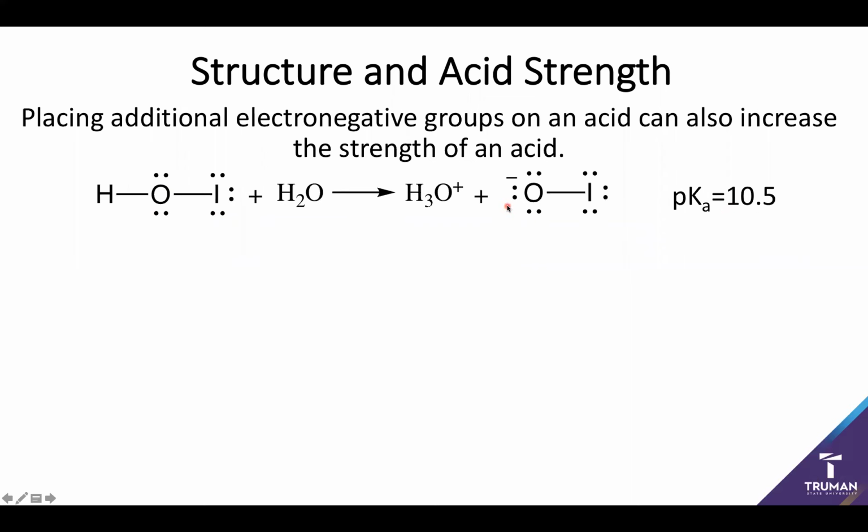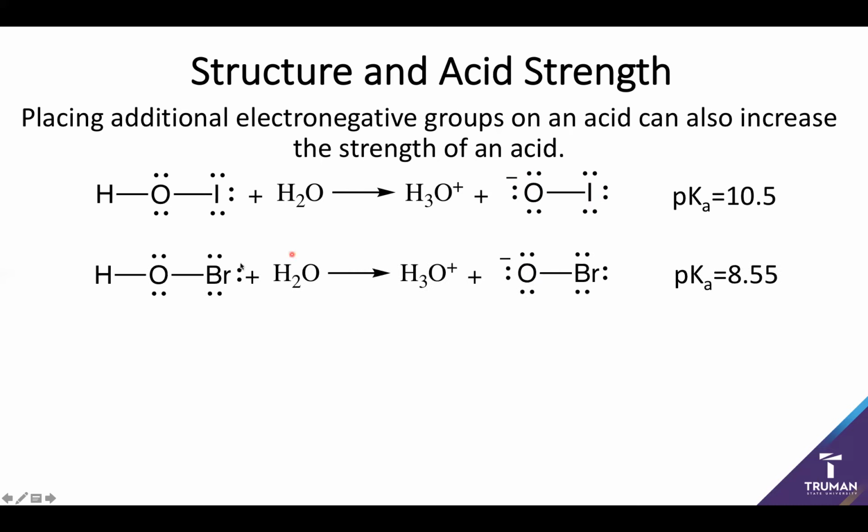And one of the reasons why is instead of having a negative charge just on an oxygen like I do with water, now I've got a negative charge on that oxygen, but that iodine is going to be fairly electronegative. So it can help pull some of that negative charge over to the iodine. And this is going to help stabilize the species. A little bit of negative charge is easier to bear with some help from your friends.